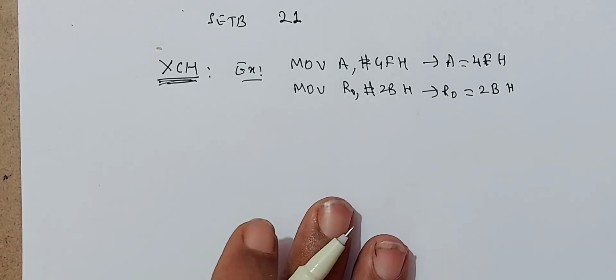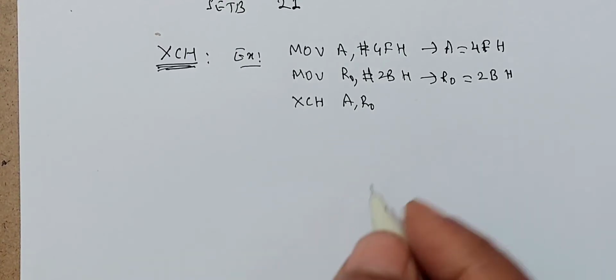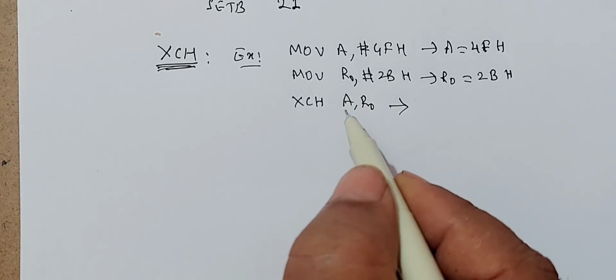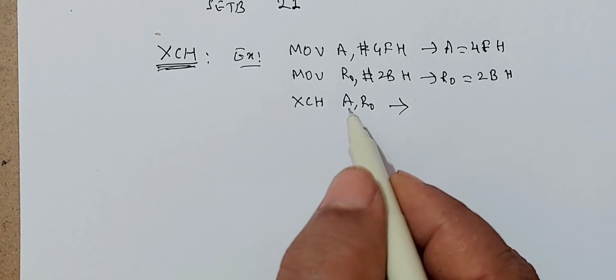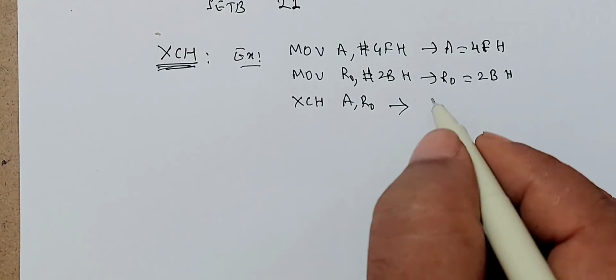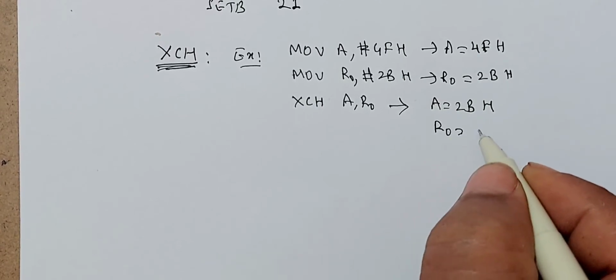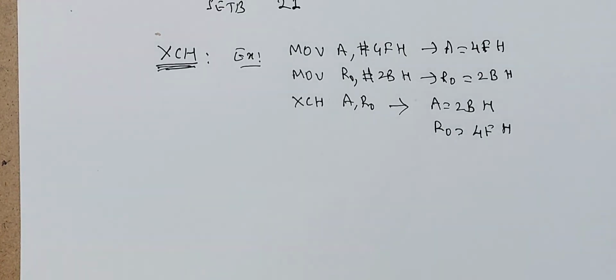Now if I write XCH A, R0, the content present in R0 is exchanged to A, and the data present in A is exchanged to R0. XCH A, R0 now gives A equals 2BH and R0 equals 4FH. The data are simply exchanged.